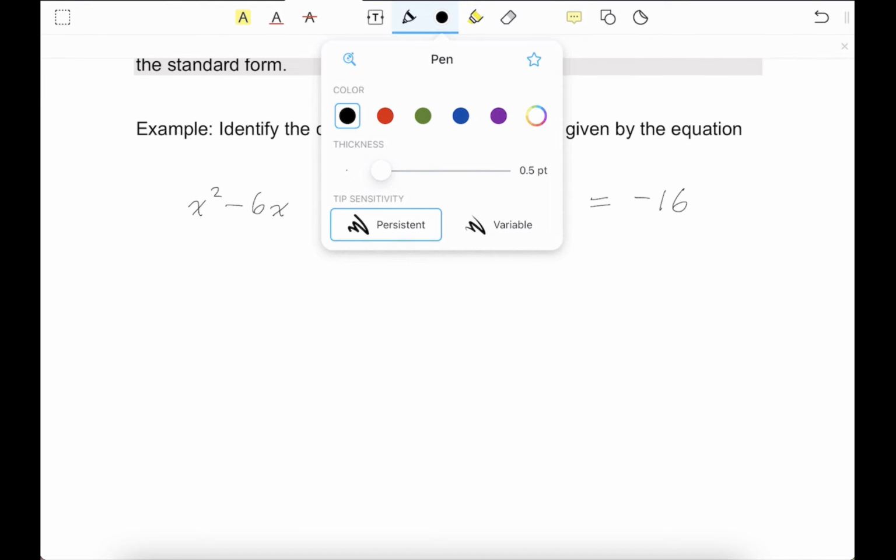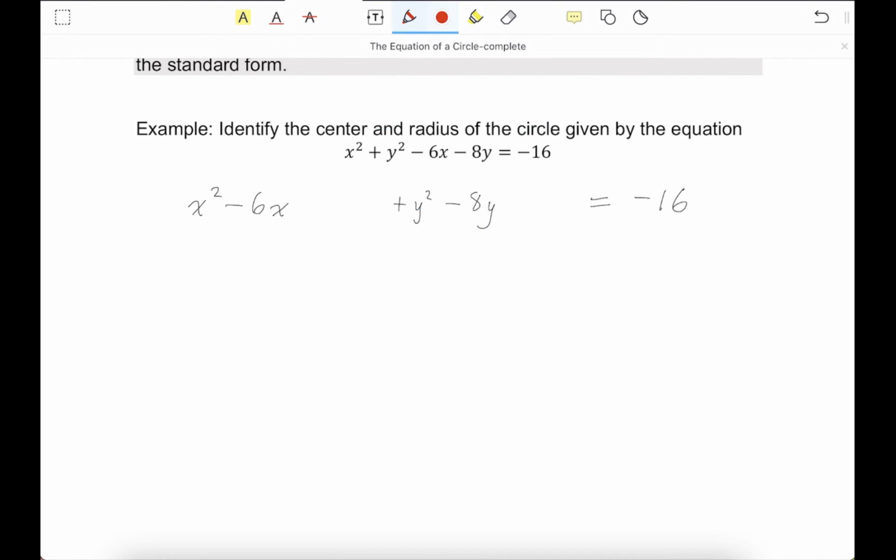Now I'll complete the square. Half of negative 6 is negative 3. Negative 3 squared is 9, so I'll add 9 here. Instead of subtracting 9 right away, I'll just add 9 to the right side of this equation to keep the equation the same.